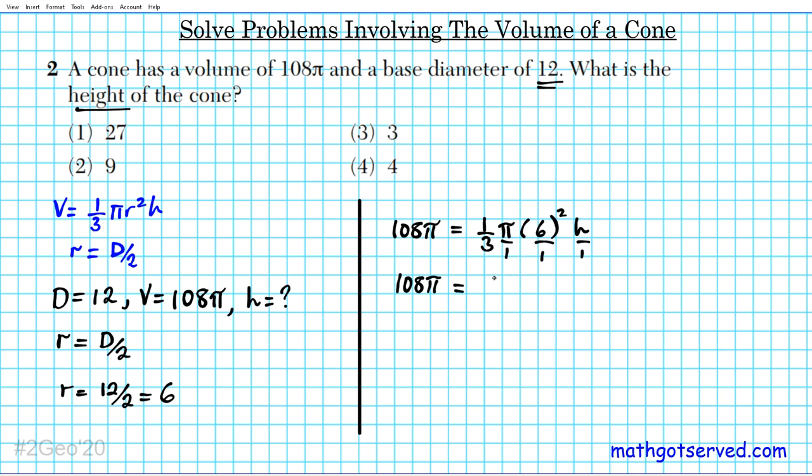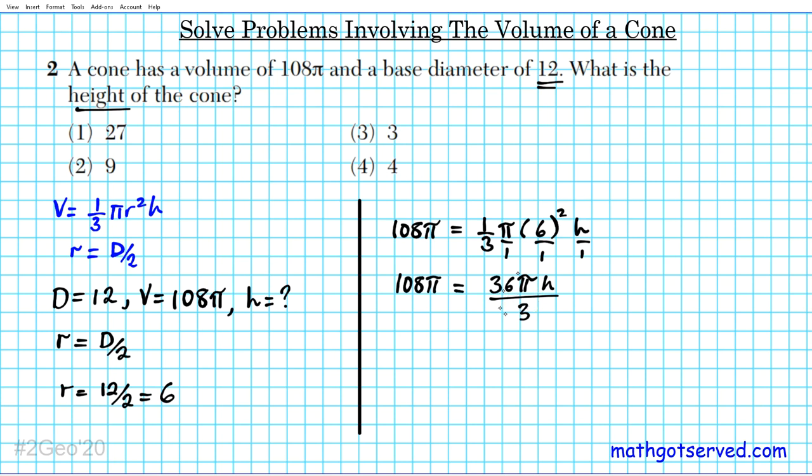You write the number first, 36, and then the Greek letter for the irrational number comes next. That's how you write it. So 36 pi h divided by the denominator 3 times 1 times 1 times 1, which is just 3.